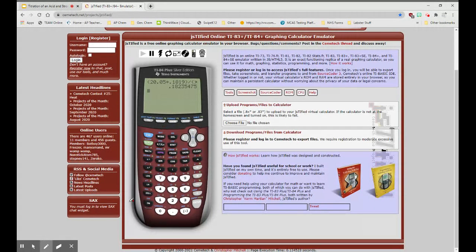So we've got 1.3009 over 204.22. That gives us 0.00637, actually 4 sig figs, 0.006370 moles of our KHP.